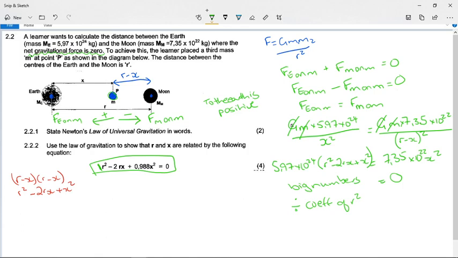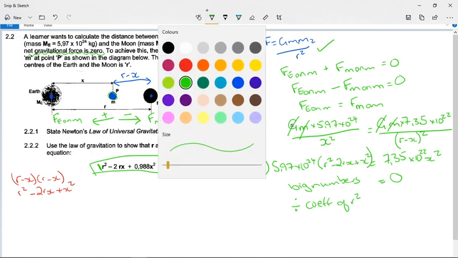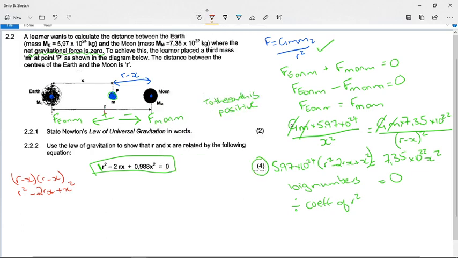But have a look here, don't agonize over this too much. This is 4 marks, so probably the 1 mark is for the formula, and then the other important mark is for this recognition here. You need to recognize here that one of these is positive and one of these is negative, and that when you find the net force, you add them together, and a plus and a minus make a minus.